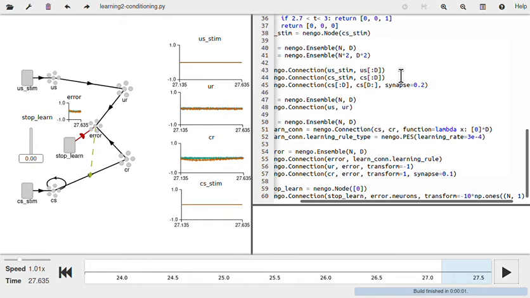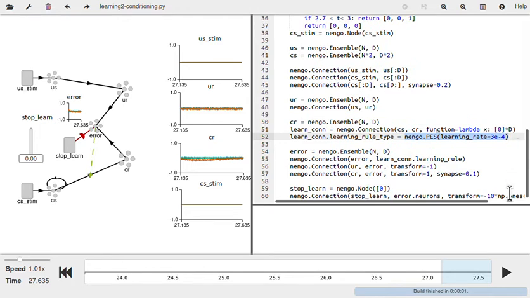I think the only other new thing in this code is I'm also showing here how to adjust the learning rate. So there was a learning rate parameter on the learning rule, and yes, I basically cranked it up as fast as I could in order to actually show the learning in these processes.